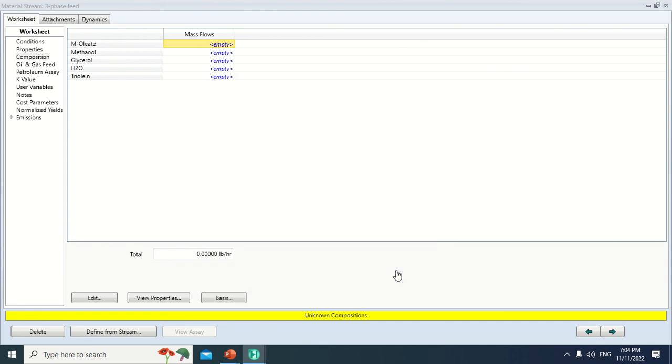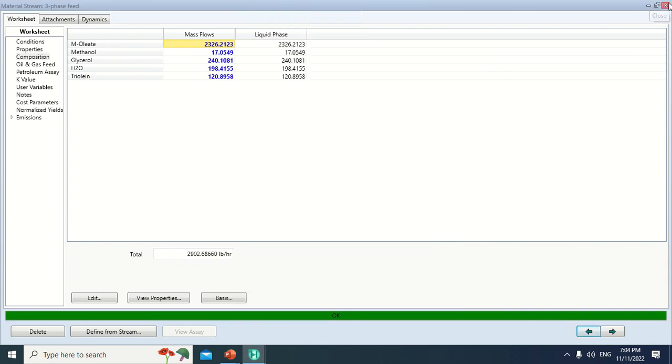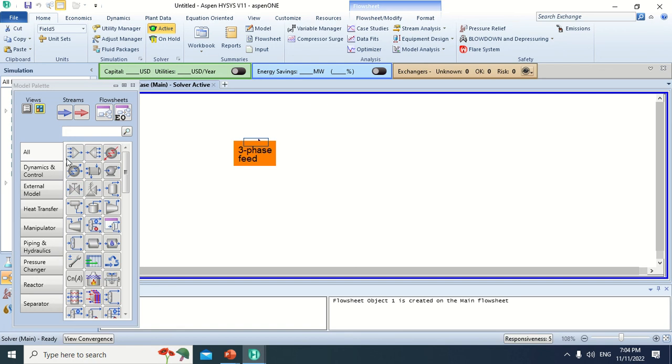Yes, click on it, and after that I choose three-phase separator.